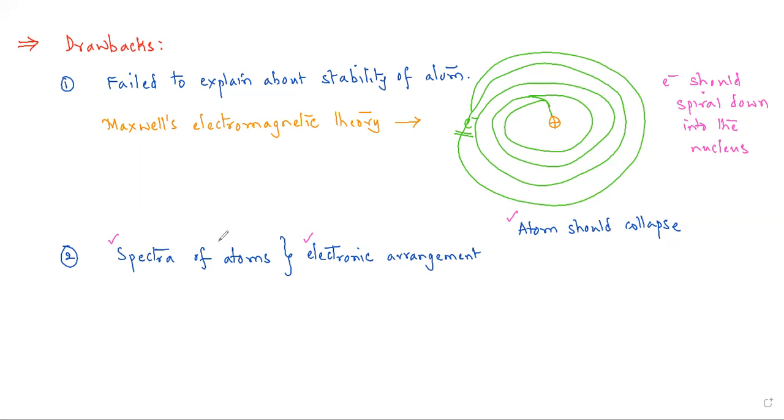In order to overcome these defects or demerits, Niels Bohr proposed another atomic model called Bohr's atomic model.